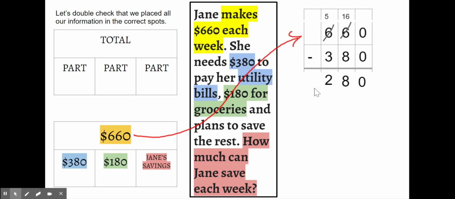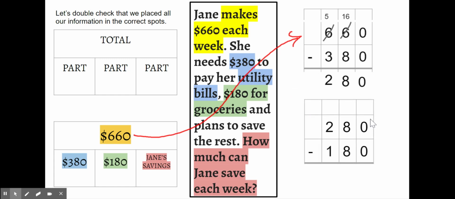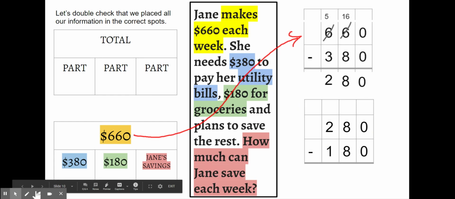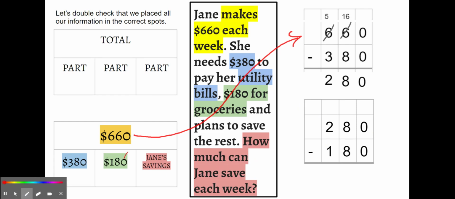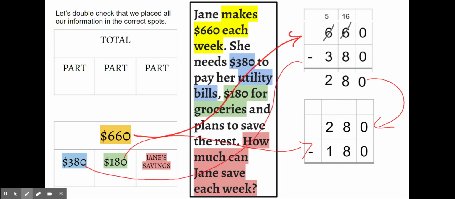And then just like we did before, we're going to take that 280 and then we're going to subtract 180 from it. So we got the 180 right here. We took this 280, moved it over, and this lovely little 380, we put it over here.